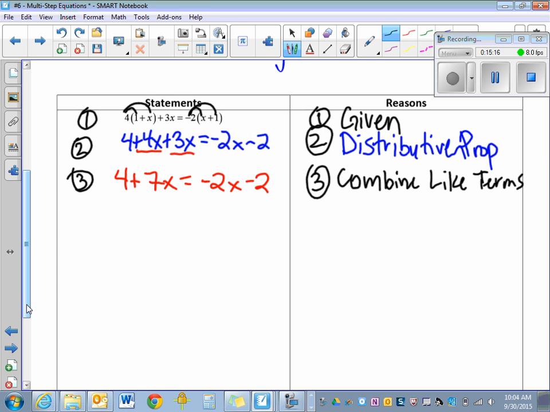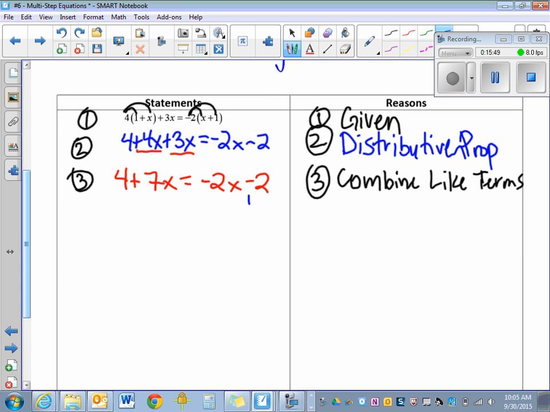Basically, you're saying what you're doing, why you're allowed to do what you're doing. All right, what do we want to do next? Darling, what would you like to do? What do you want to subtract? Sounds good. So we have a -2. We want to move it to the other side, so we have to do the opposite. And subtract a -2 is the same thing as adding 2, right? So we want to add 2 to both sides.